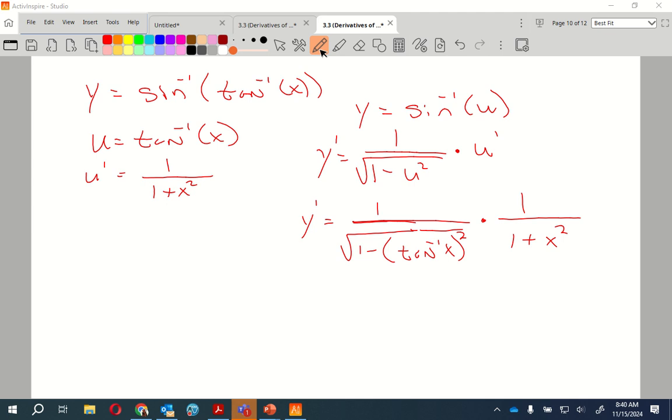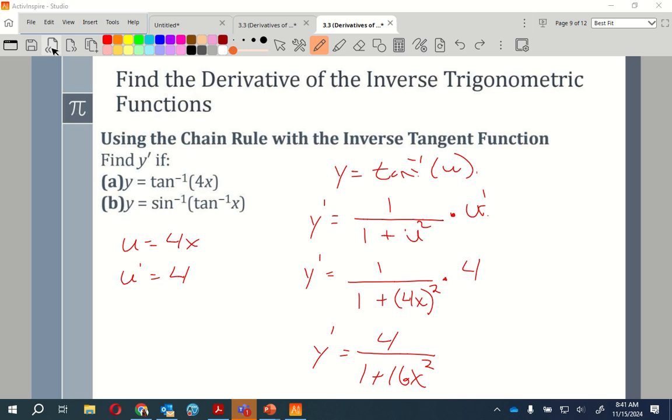Let's see if they cleaned it up in the book. Okay.